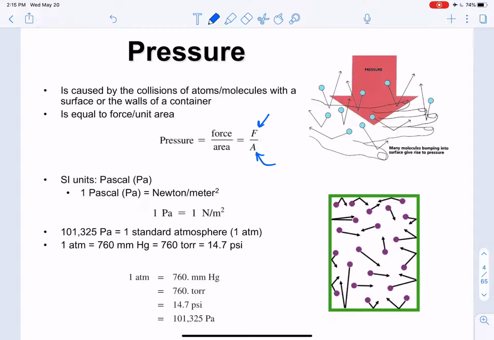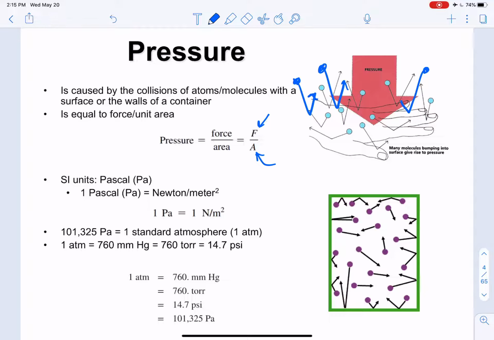We can also say that pressure is caused by the collision of atoms or molecules with a surface or with the walls of a container. So right now, as you sit here listening to me, you're feeling a lot of pressure. And maybe it's from chemistry class, or maybe it's because the air molecules are bouncing off of your body, and that's making you feel the pressure of the air in the room.